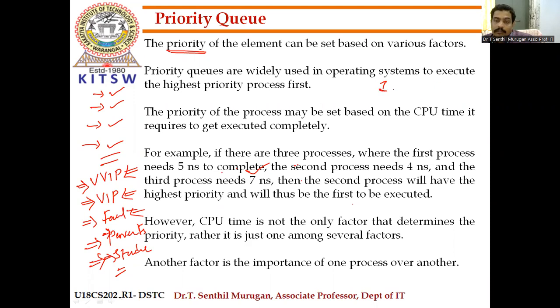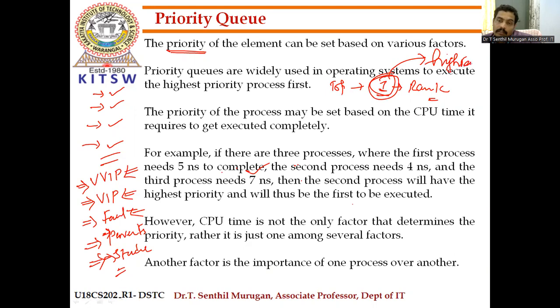If you give a rank, consider the students' rank in your class. Who gets the first rank? The top-marks student gets first rank. So here the small number is the highest priority.